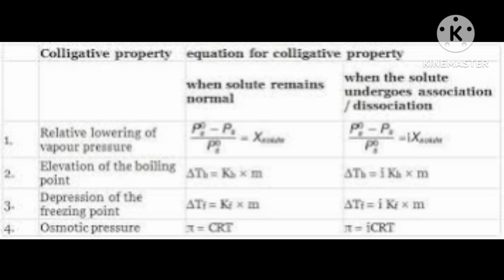For example, I already discussed that the value of i for an aqueous solution of KCl is close to 2, while the value for ethanoic acid in benzene is nearly 0.5, meaning half.